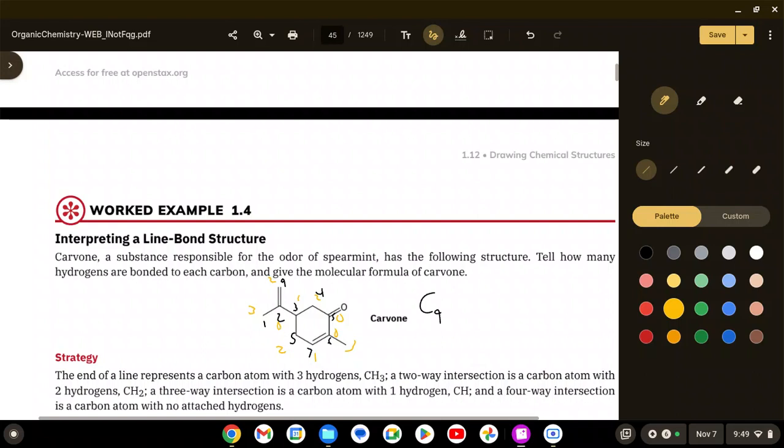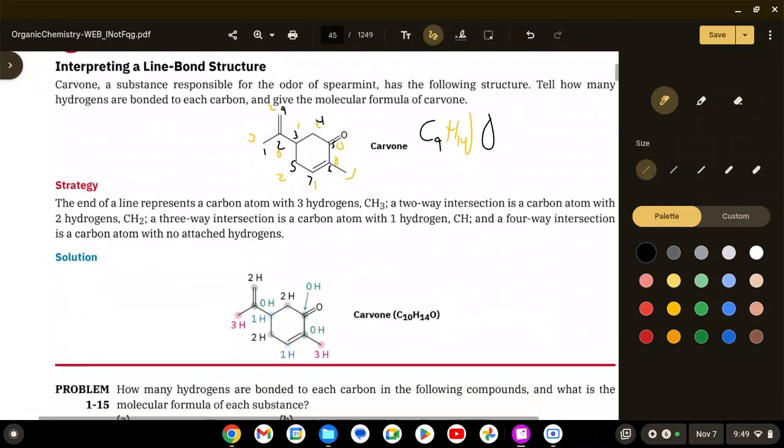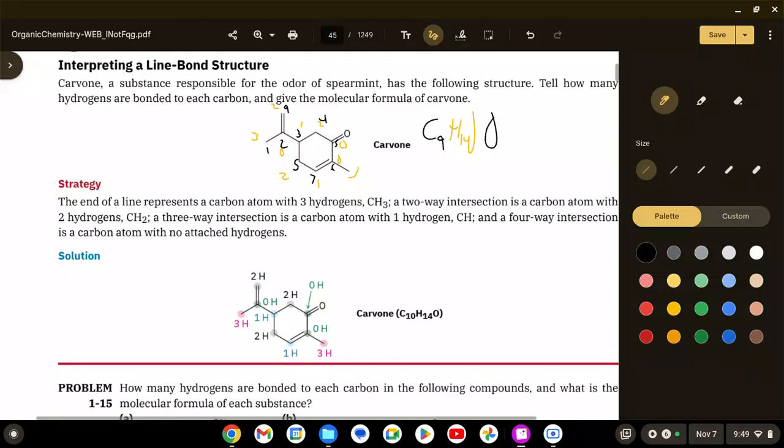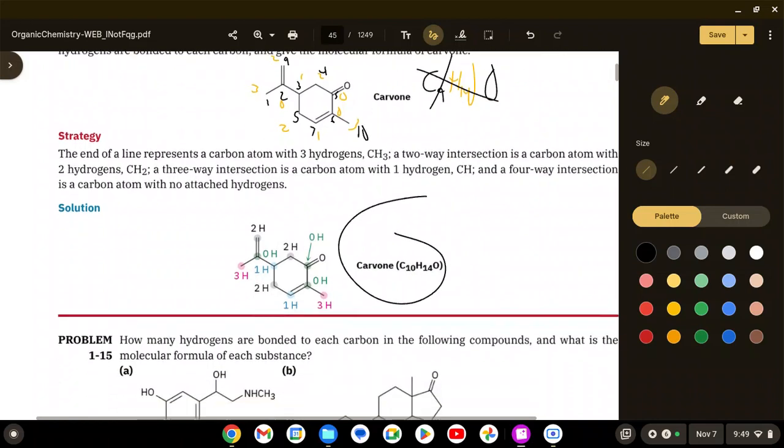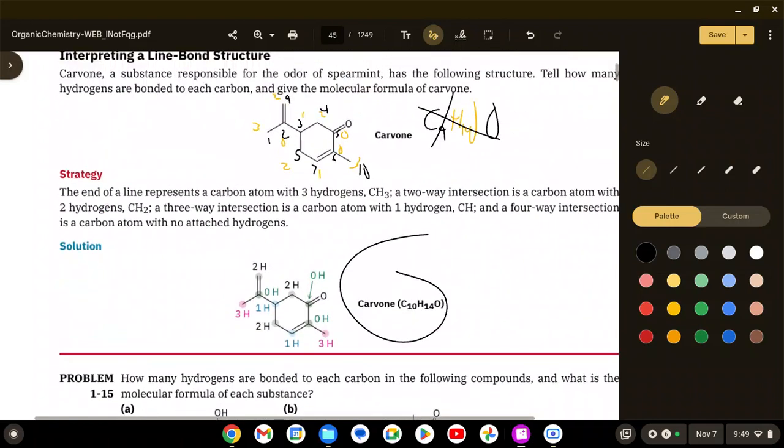So that's 3, 4, 5, 6, 7, 8, 9, 10, 11, 12, 13, 14. 14. And one oxygen. Did I do that right? Oh, no, I missed one. Which carbon did I miss? Ah, the terminal carbon right here. 10. That's right. I'm fine getting things wrong because I know how to find out how to be right.